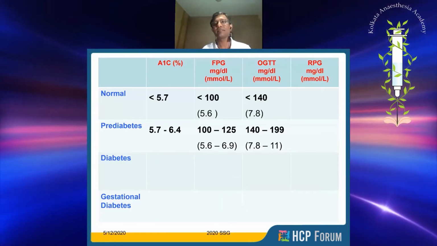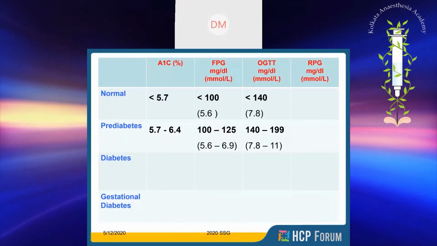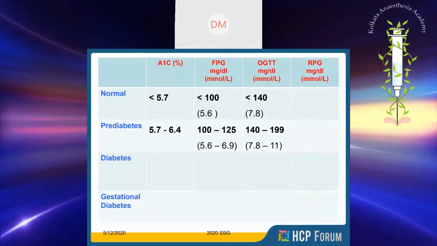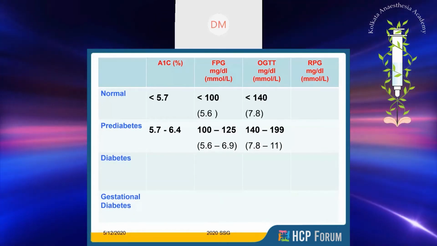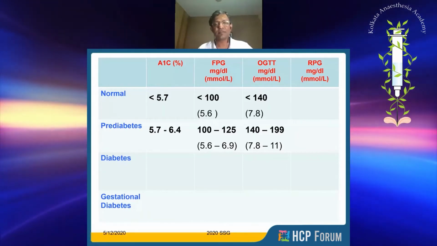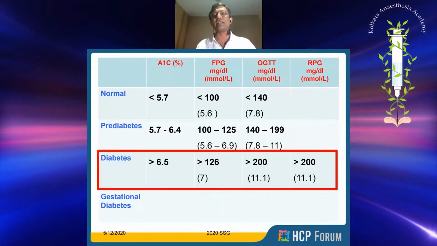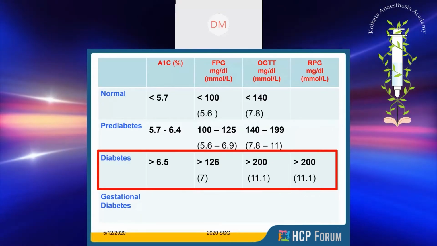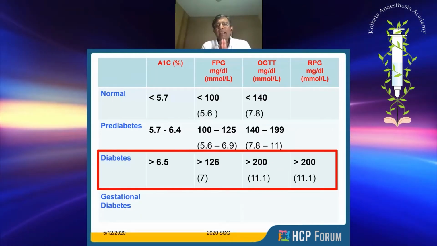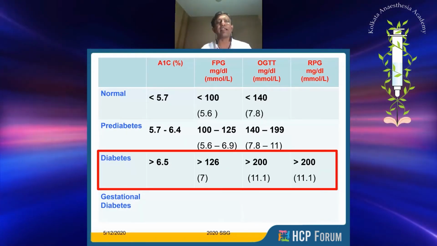So essentially, when do you call somebody diabetic, therefore? Diabetic, obviously, when the fasting glucose is greater than 126, and HbA1c greater than 6.4, and if you are doing just a random sugar, which is above 200. Yes, the 200. This ADA definition is what is diabetes. All right.